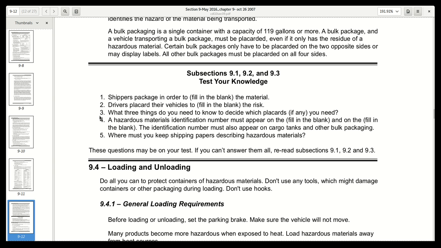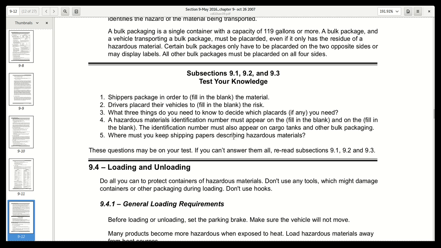Alright, number 3, what 3 things do you need to know to decide which placards, if any, you need? Number 4, a hazardous materials identification number must appear on the fill in the blank and on the fill in the blank.